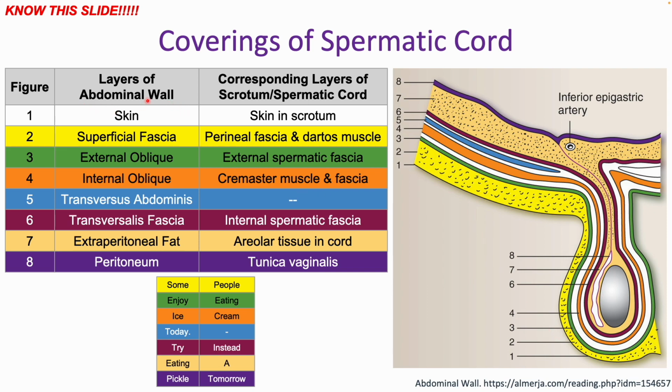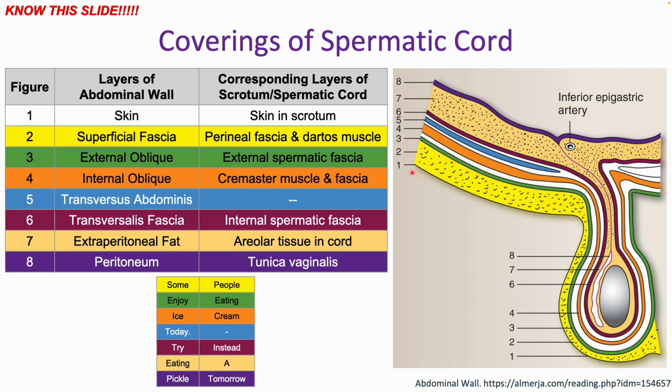And so to quickly run through these, but you'll definitely want to spend time learning this, we're going to have the skin just become skin, our superficial fascia, and these are color coordinated too. Our superficial fascia is going to become the perineal fascia and dartos muscle. Our external oblique is going to become the external spermatic fascia.